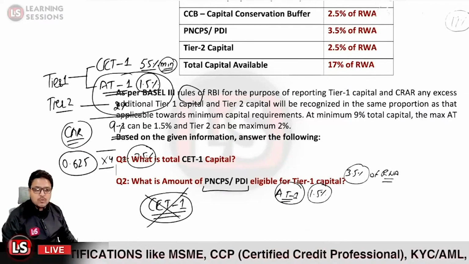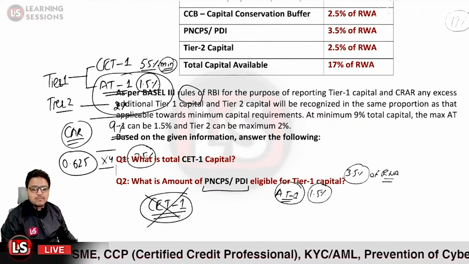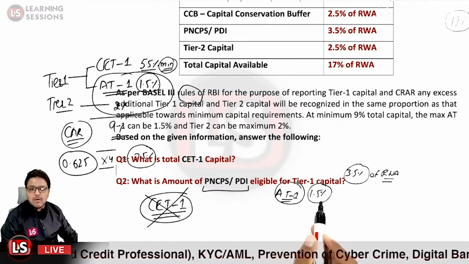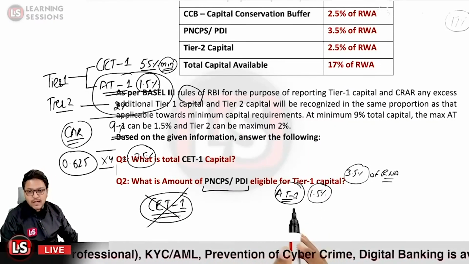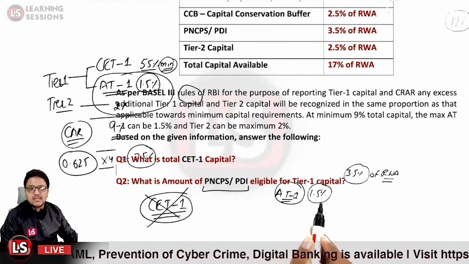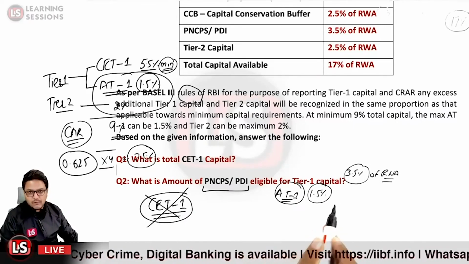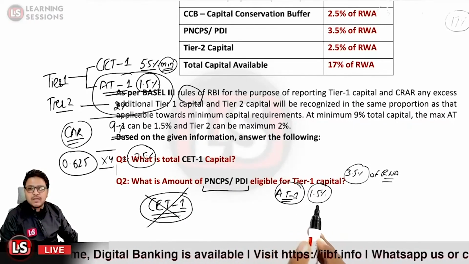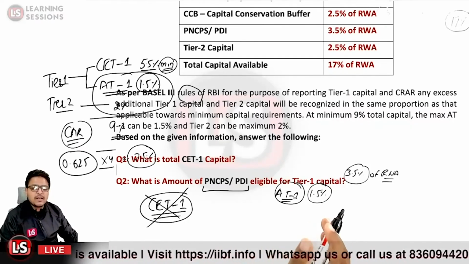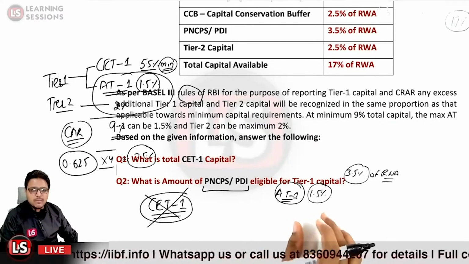Is that clear? So if we want to calculate the percentage of the PNCPS which is eligible for the Tier 1 capital, that can be a maximum of 1.5%, because the maximum percentage that the additional Tier 1 can be maintained at is 1.5% of the total capital except that of the CET1 capital. So whatever the different components other than the CET1, that will be related to what?